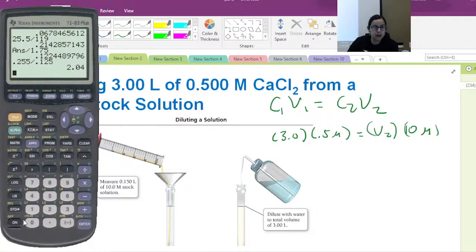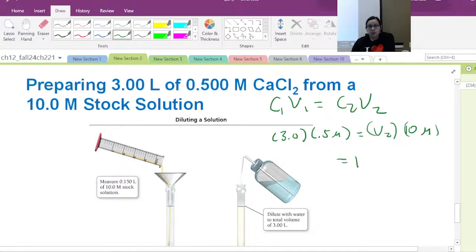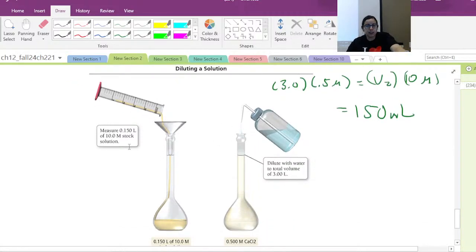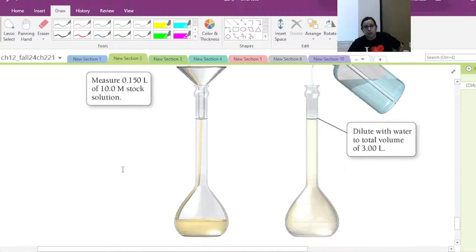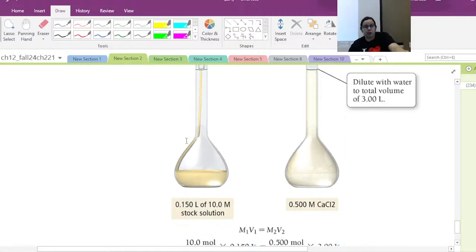Now just doing our math. 3 times 0.5 divided by 10. Now this is in liters, so we have 0.150. I'm going to convert it to milliliters just because that's easier, so 150 milliliters. Now we can think about how they would physically do this. You measure out your 150 milliliters of your stock solution and transfer that right to your volumetric flask.